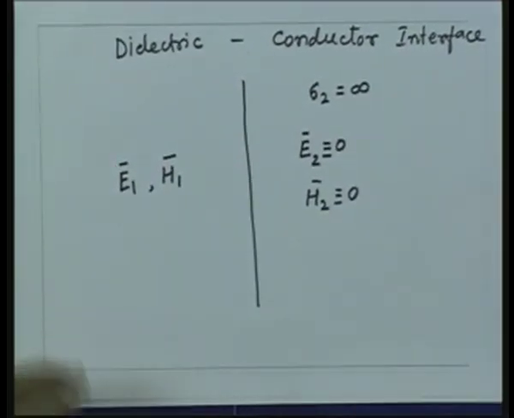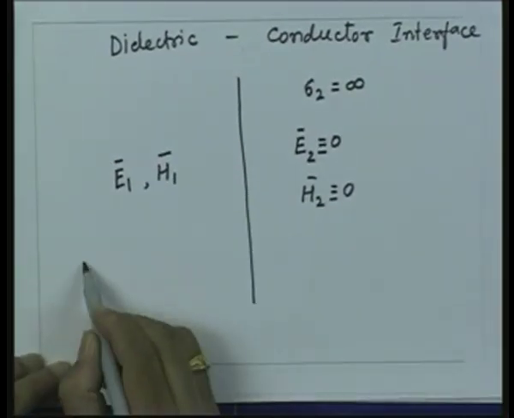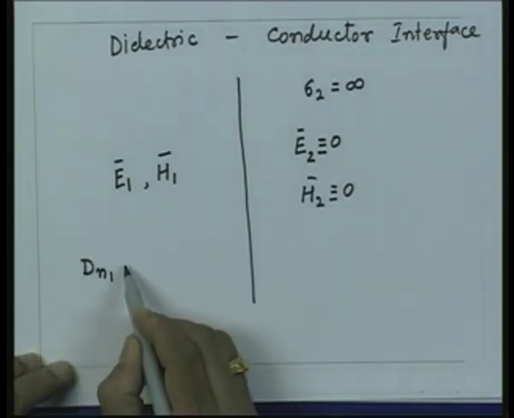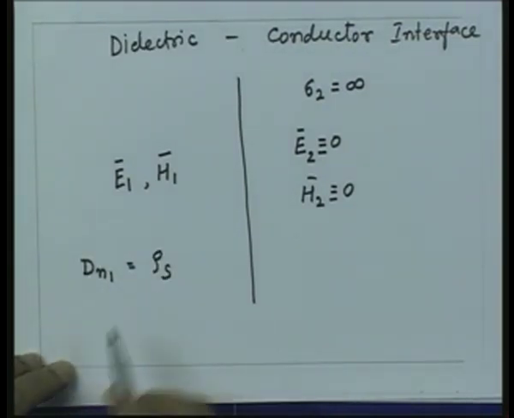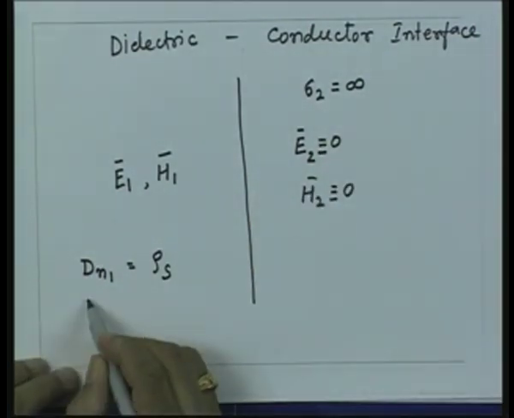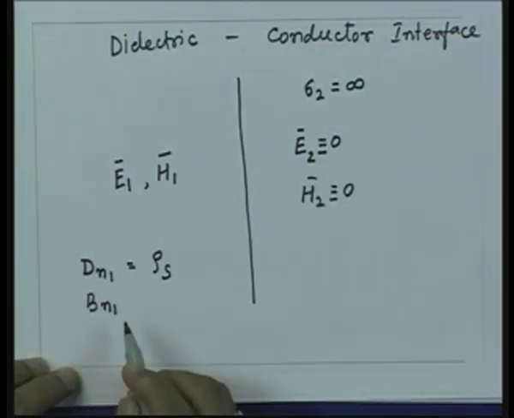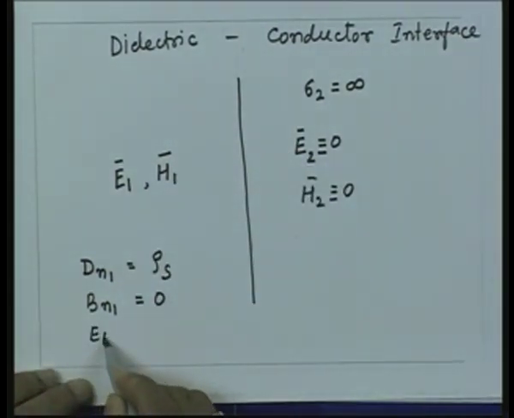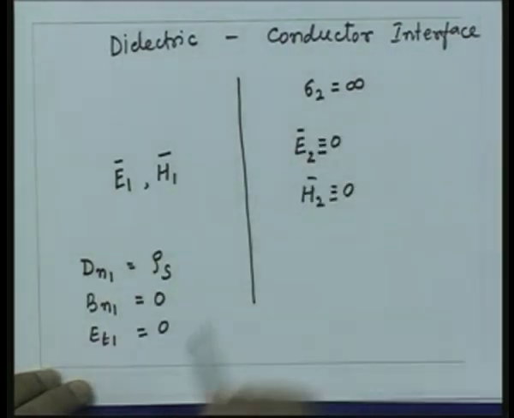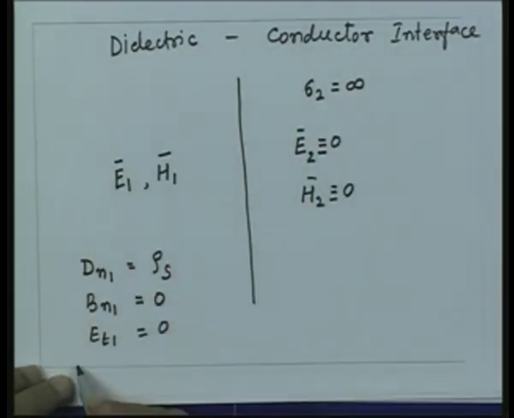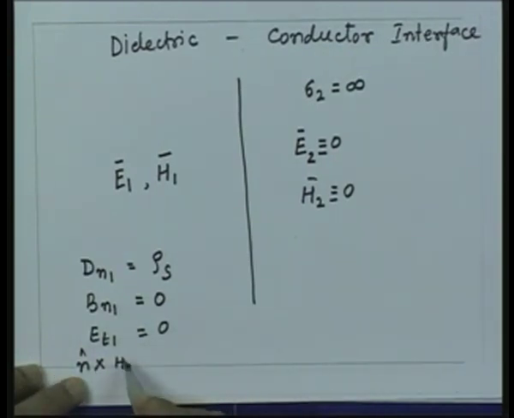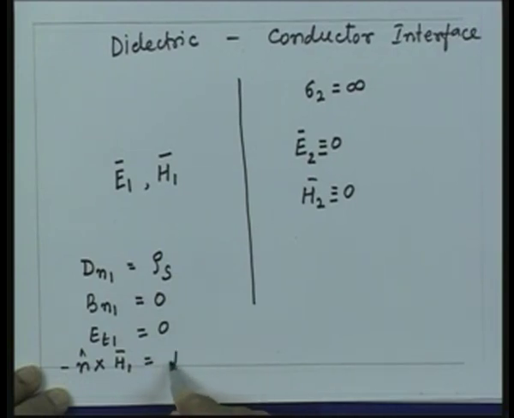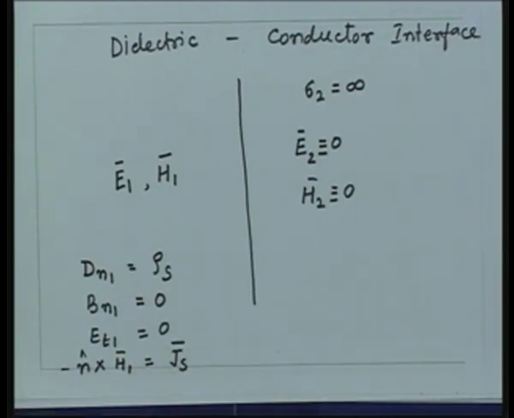So, now I have the boundary conditions for this case. Dn1 is equal to the surface charge density because Dn2 is 0; Bn1 is equal to 0; Et1 is equal to 0 because Et2 is 0; and n cross H1 is equal to the linear surface current density.